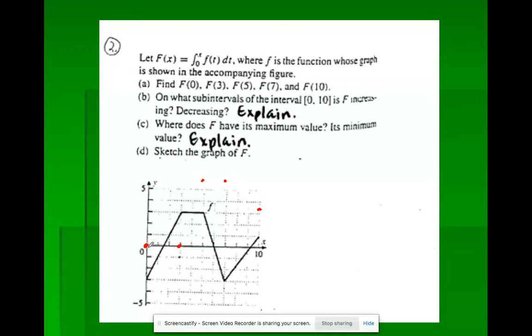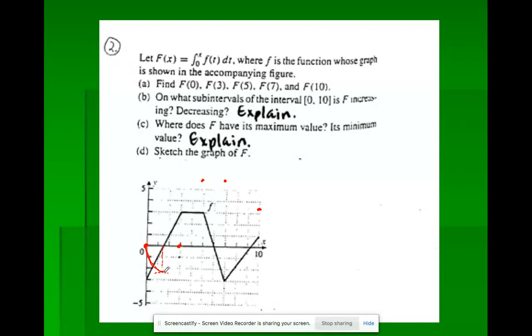We know that since our derivative is negative, we are decreasing, and we have a minimum here. But we are concave up.